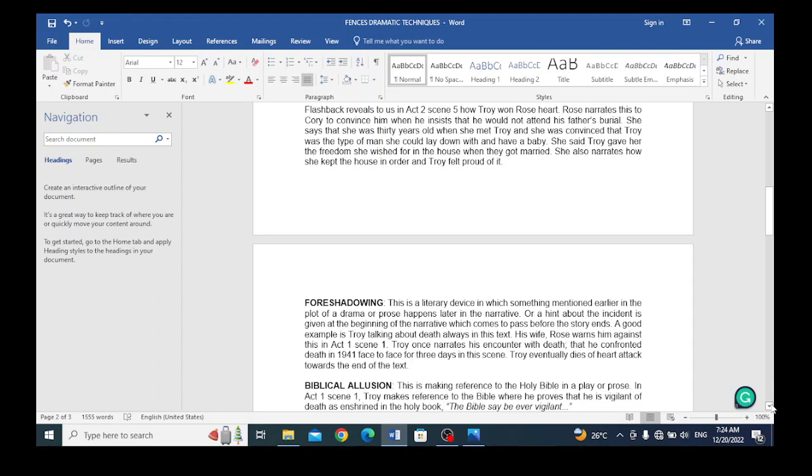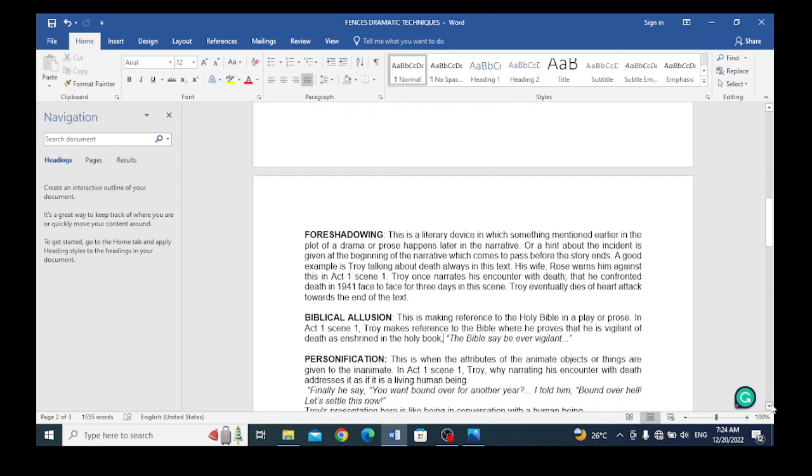His wife Rose warns him against this in Act 1, Scene 1. Troy once narrates his encounter with death, that he confronted death in 1941 face to face for 3 days in this scene. Troy eventually dies of heart attack towards the end of the text.